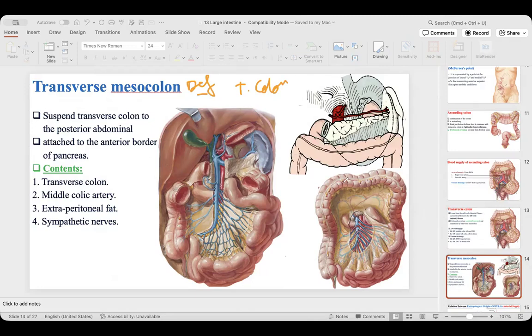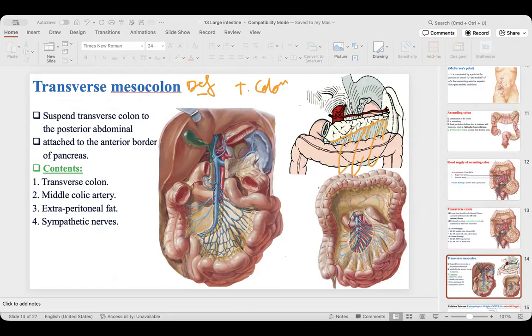It encircles or covers the transverse colon and is attached to the pancreas, the anterior border of the body of the pancreas. The transverse mesocolon attaches, covers the transverse colon, and then returns back like that.